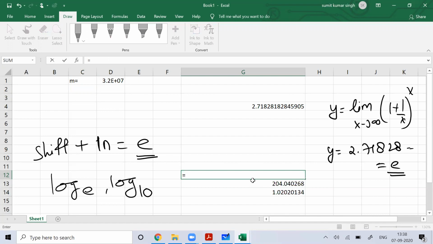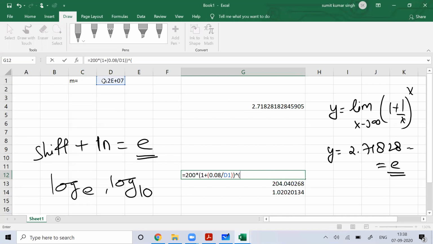Future value is equal to present value, that is 200, into 1 plus r, which is 8%, divided by this m, to the power t.